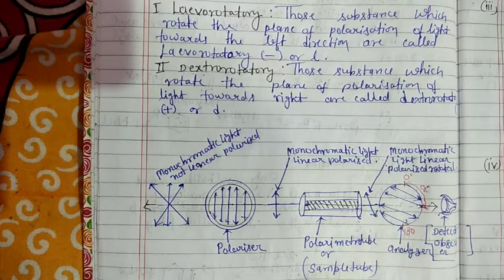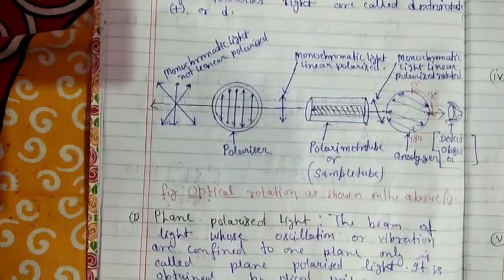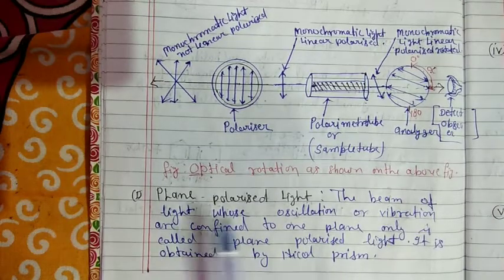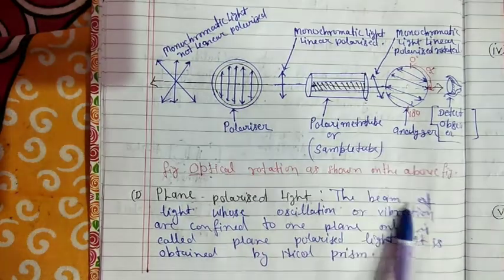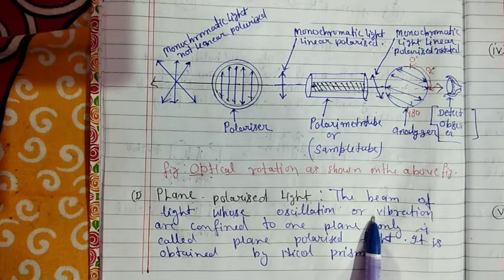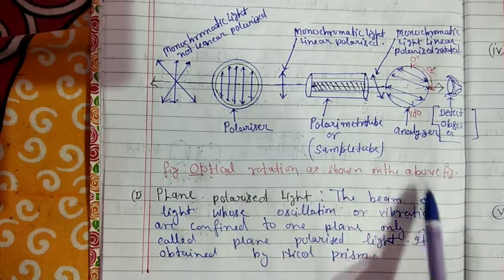Okay students, let us now understand what plane polarized light is. Plane polarized light is a beam of light whose oscillations or vibrations, dear students, light has vibrations or wave-like properties.